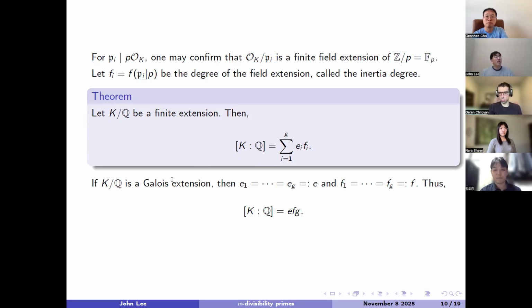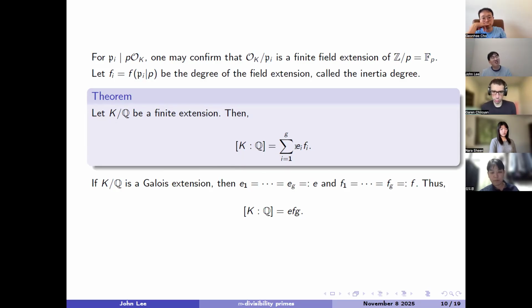Even better, if K is a Galois extension over Q, then these e_i, no matter which prime ideal you choose above p, are all equal to each other. Also, the inertia degree, no matter again which prime ideal you choose lying above p, they're all equal to each other. So this equation can be written in a very nice way: the size of K over Q is efg.